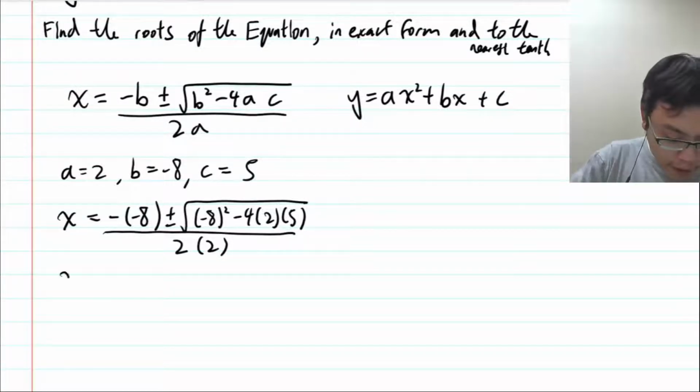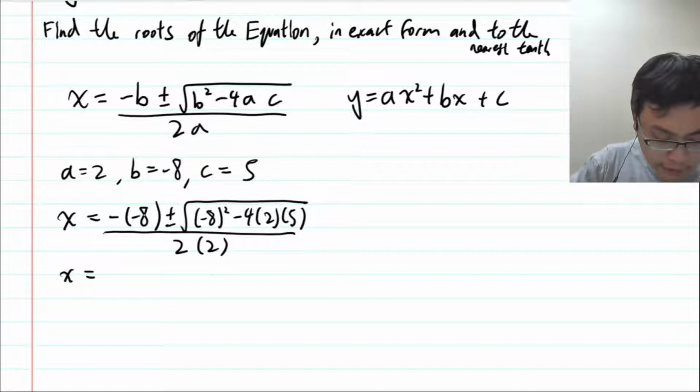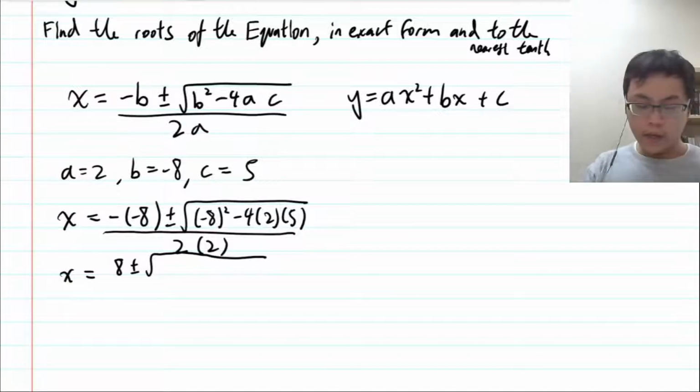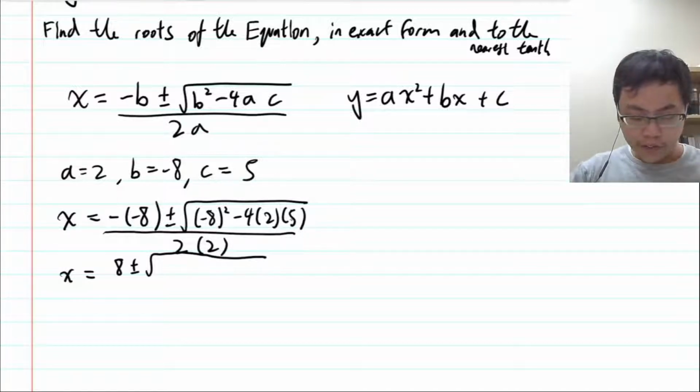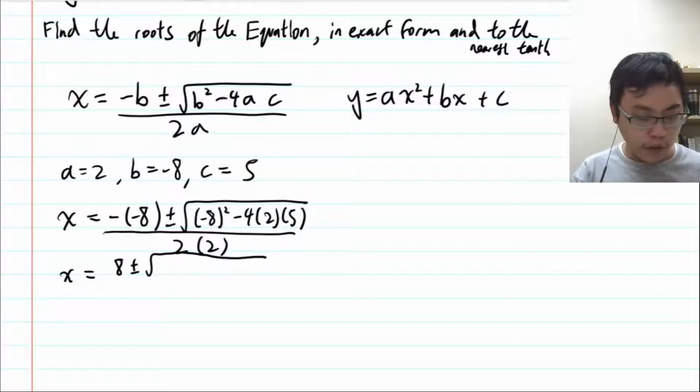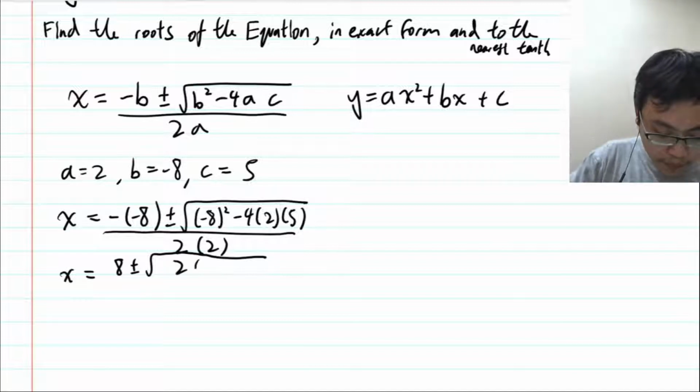So we have x is equal to negative of negative 8 will be positive 8 plus or minus square root of 64 minus 4 times 2 times 5, which is 24, and all of this is all over 4. You can just put this all into your calculator.